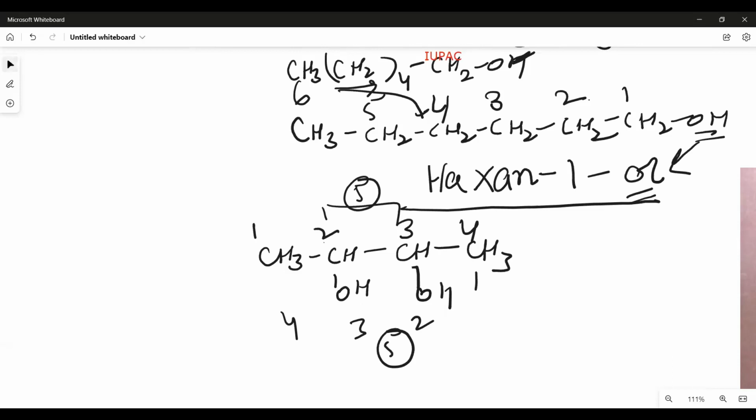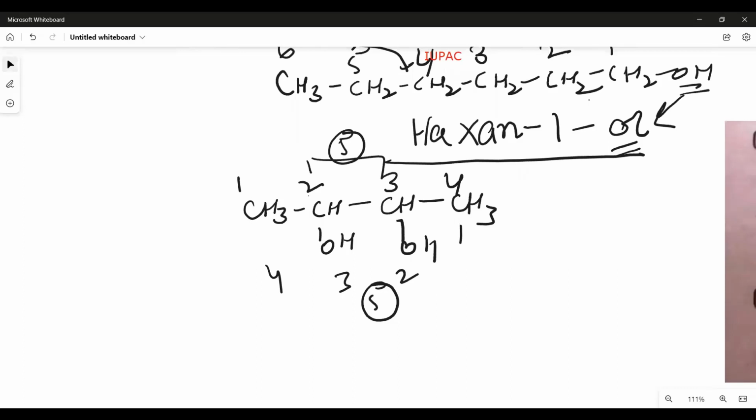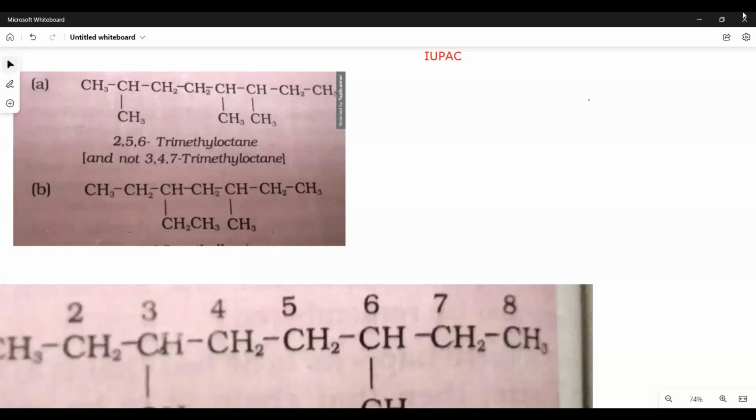So from both sides, the sum of the substituent positions comes out to be the same. So in that case, we can take the numbering from any side. So it will become butane, because there is no double bond or triple bond. At the second position and the third position, 2 OH groups are present, so it will become diol. So the nomenclature will become butane-2,3-diol.